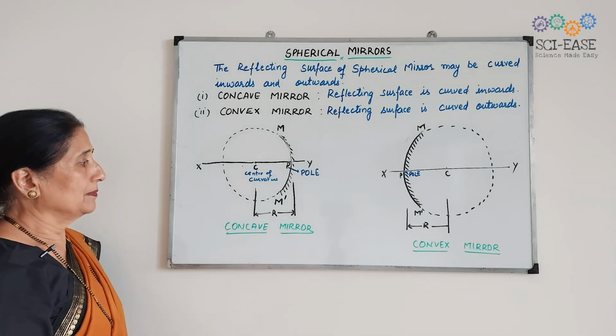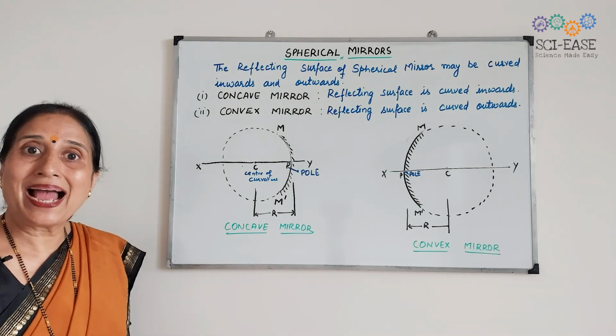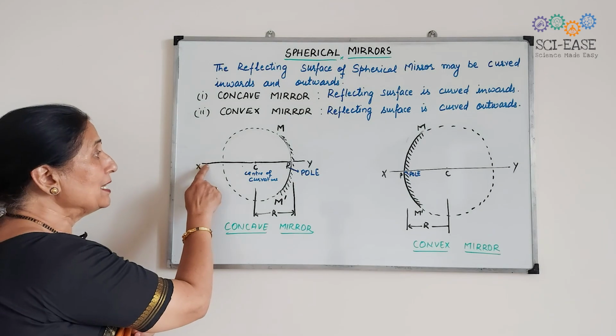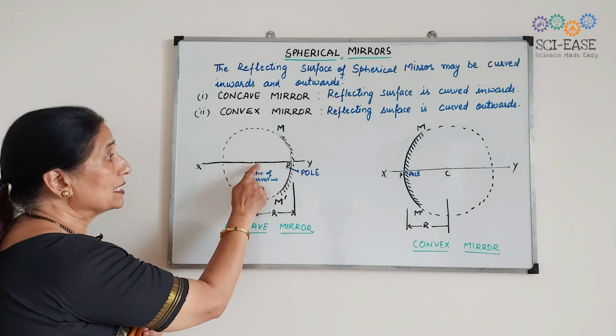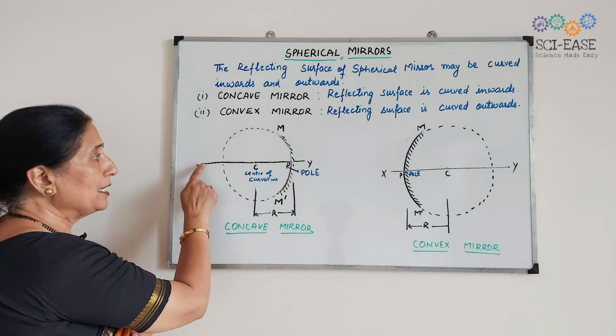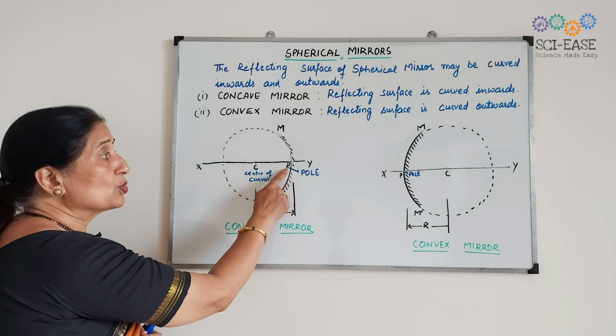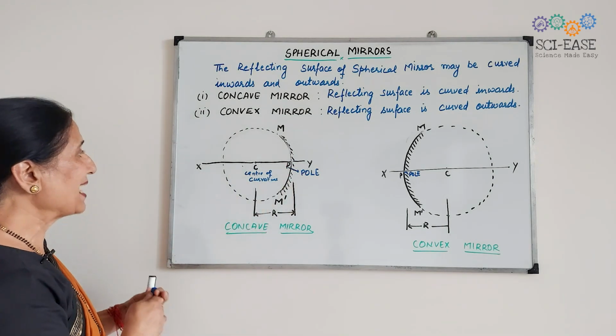Now, the next term that I'm going to explain is the principal axis. The line passing through the center of curvature and the pole is known as the principal axis.